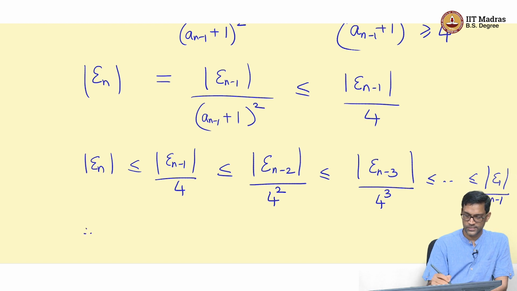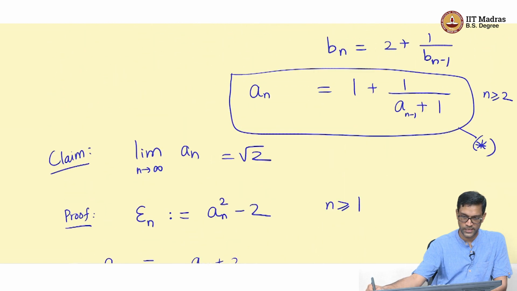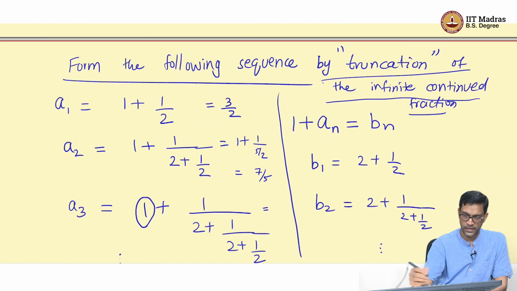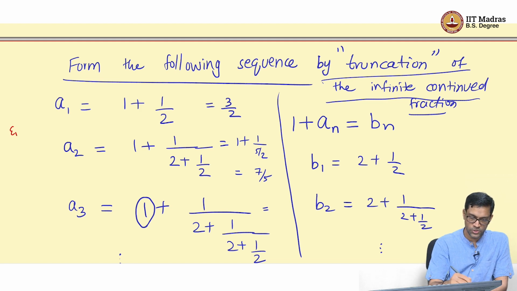Therefore, as n goes to infinity, the modulus of epsilon_n is, well, what is epsilon_1? Just for fun, we also know what epsilon_1 is in this case. Let's go back up. a_1 is 1 plus half, right, and epsilon_1 was a_1 squared minus 2. So it is 9 by 4 minus 2, that's exactly 1 by 4.